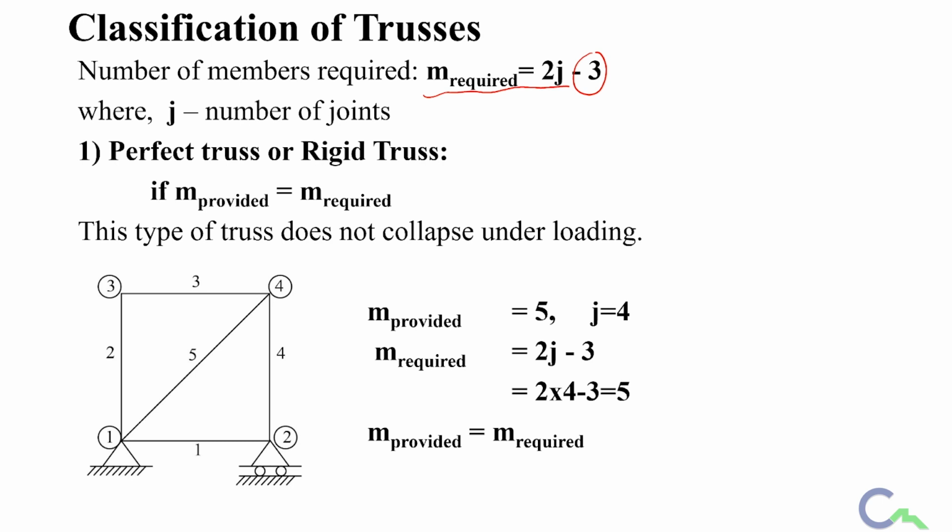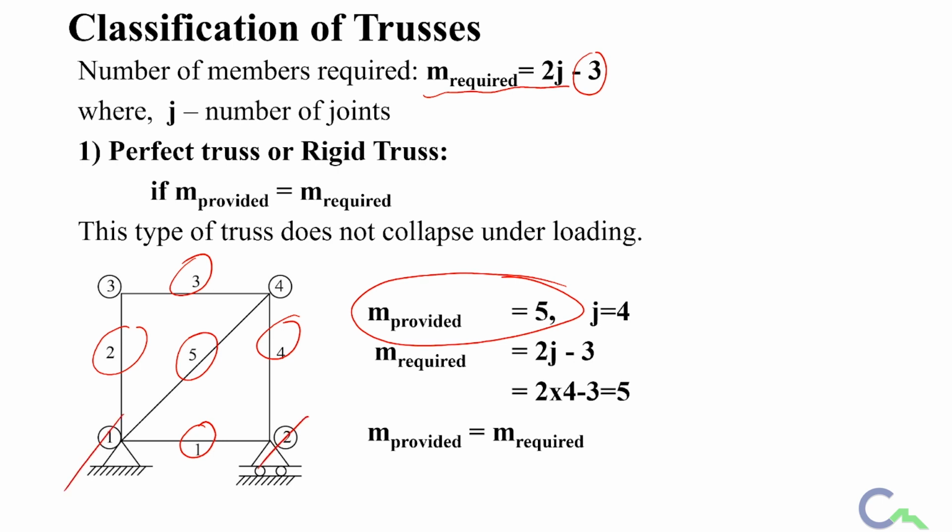Perfect truss. If the number of members provided is equal to the number of members required, then it is known as perfect truss. I have one example for the perfect truss. In this case, I can see the number of members provided, that is 1, 2, 3, 4 and 5. They provided 5 members which have 4 joints, that is 1, 2, 3 and 4.